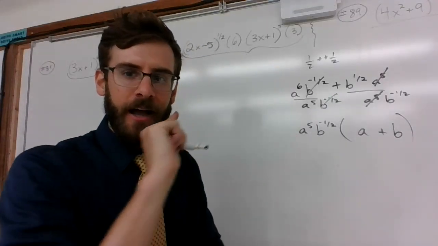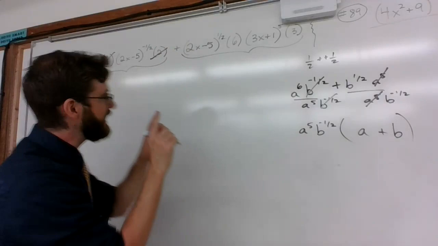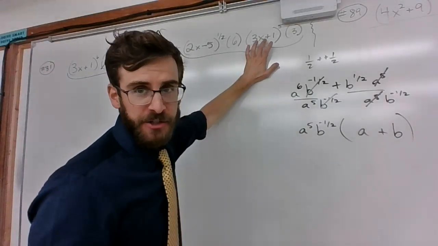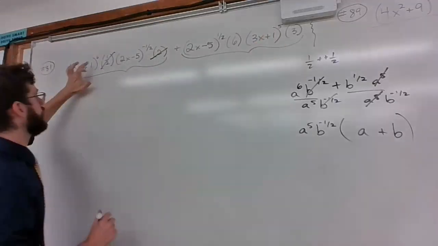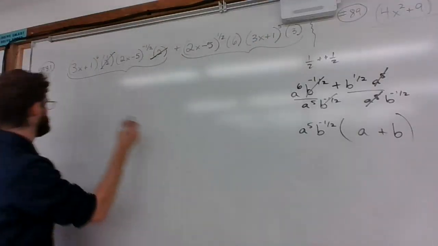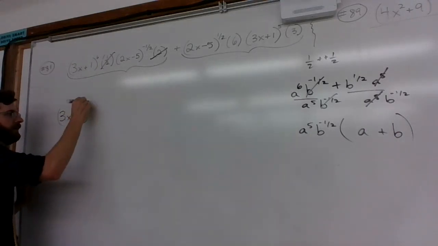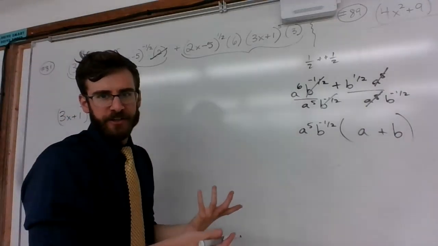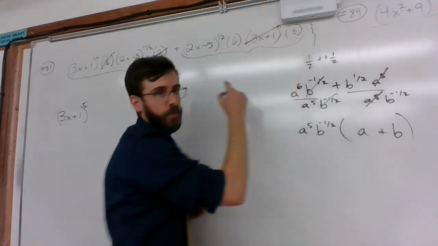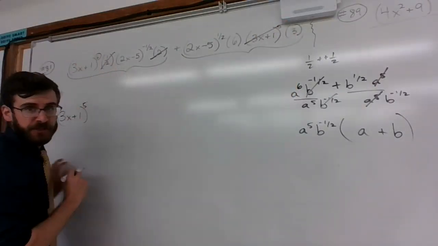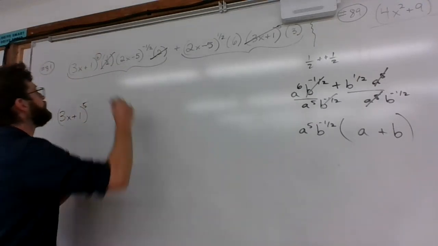Extend it to what's happening here. We're factoring out a 3x plus 1 to the 5th power from both of these parts, which essentially, once you factor it out, it's gone in one part, and it changes this 6 exponent to a 1.